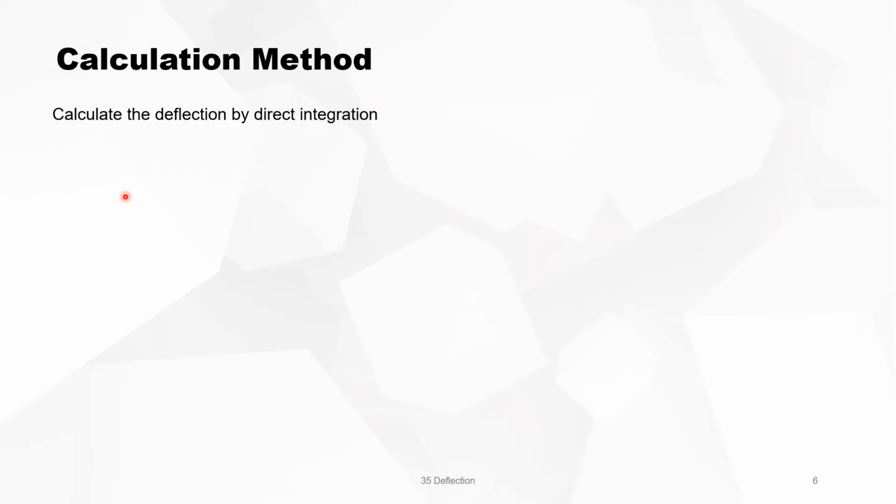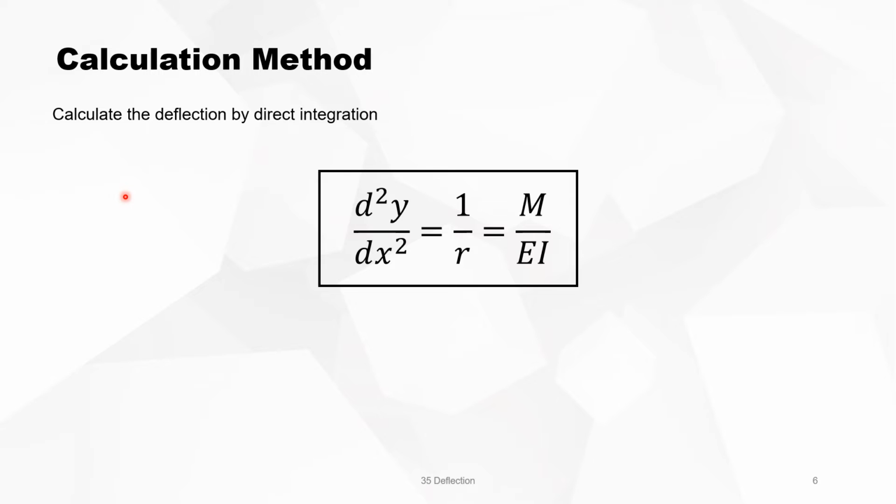So now if you want to calculate the deflection or the sag of a beam, we just have to solve this simple equation by direct integration. That's quite easy. It's just the bending moment as a function of x, and you make the integration.